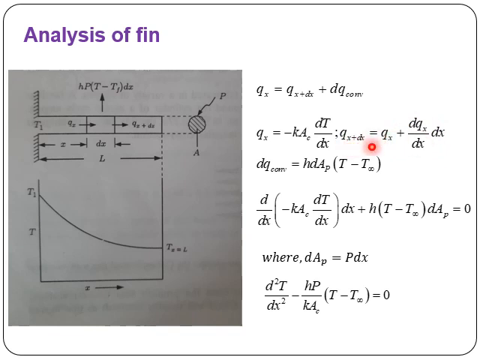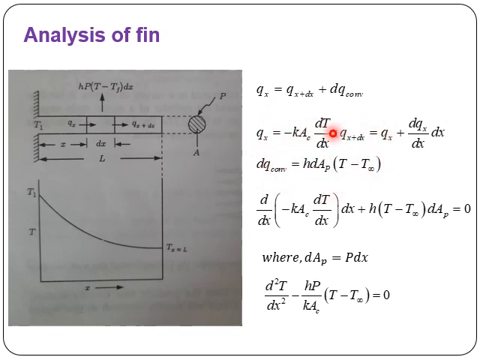So Qx plus dx is Qx plus dQx by dx times dx, and the heat which is convected is h into dAp, that is P into dx into delta T, that is T minus T infinity or T minus Tf.